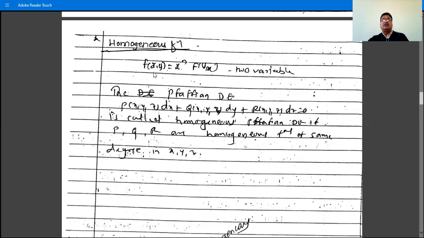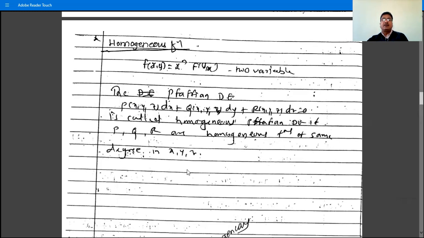Another definition of a homogeneous function is this: if the addition of indices of x, y, z in each term is the same, then we say the function is a homogeneous function.